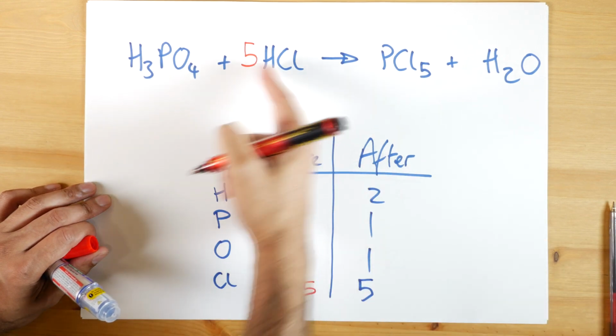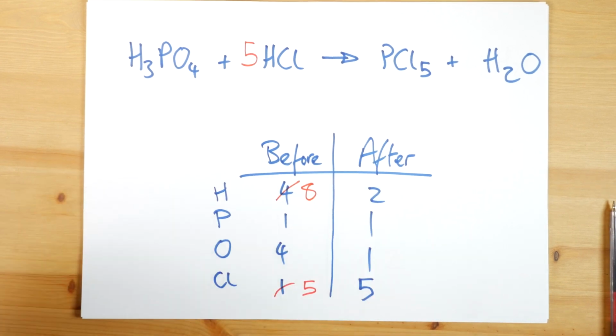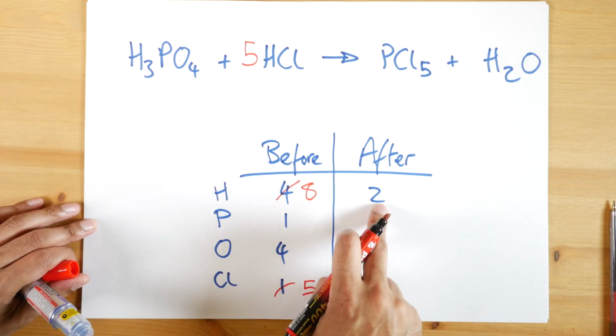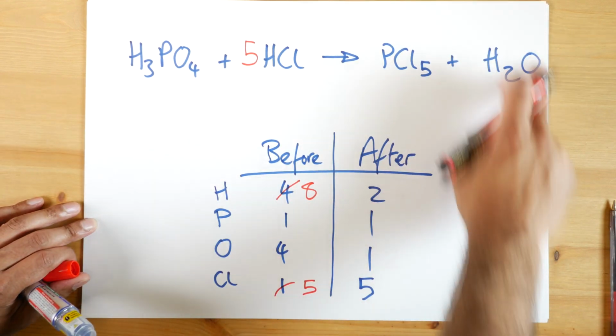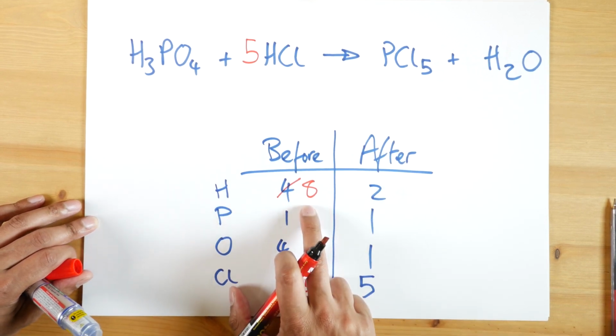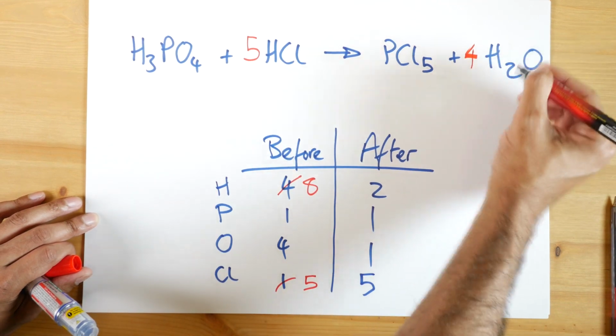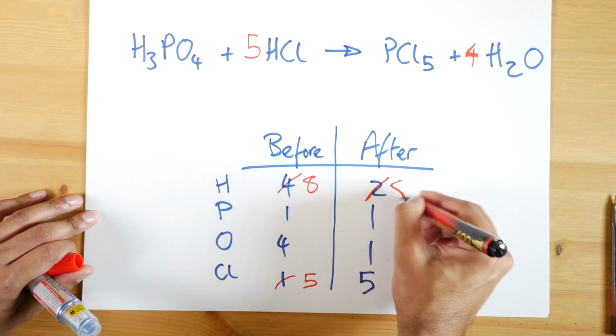We've now got 5 here and 3 there. 5 plus 3 is 8. Okay, now what we've got to do is make sure we've got the same number of hydrogens over here. Okay, so if we've got 8 hydrogens here, we've got to have 8 hydrogens over there. And 4 times 2 is going to be 8.